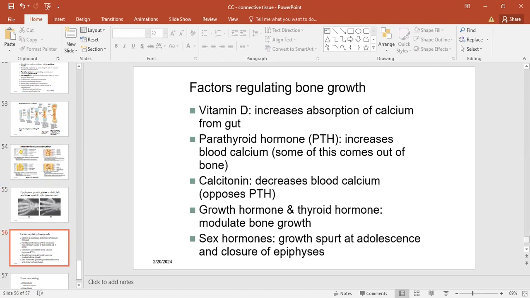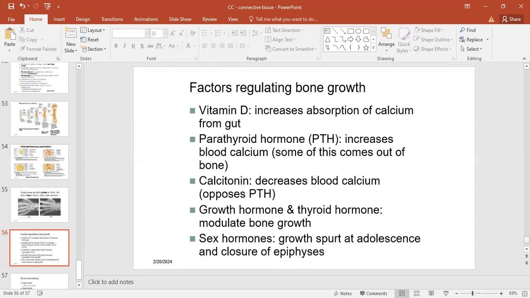Parathyroid hormone works hand in hand with the osteoclasts so that when too much calcium is deposited on the bone, it is removed from the bone and taken into the bloodstream, and calcium in the blood will do what? Will increase. Or if you do not have enough calcium in the blood, parathormone will be released so that bones can release some of the calcium that they have stored.